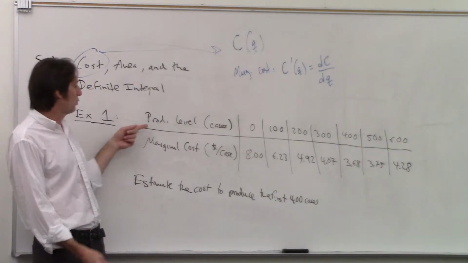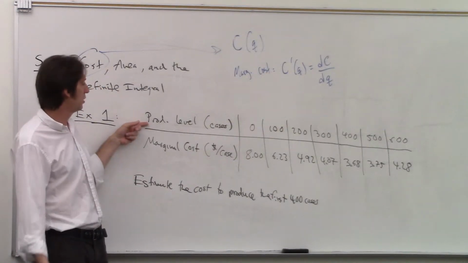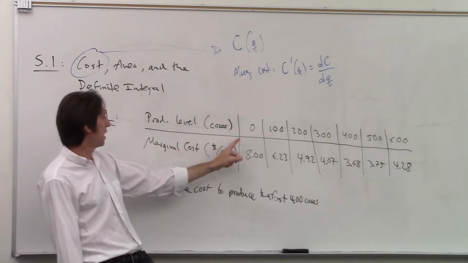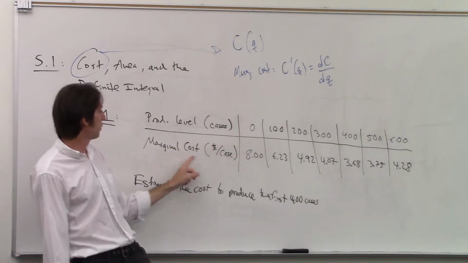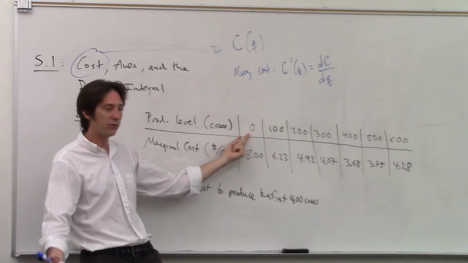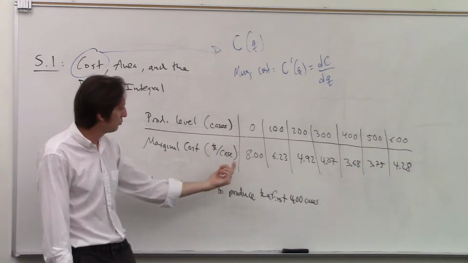So I'm assuming that we're producing some amount of a good, and then we're given some data. Okay, my marginal cost to produce 0 cases is $8 per case.